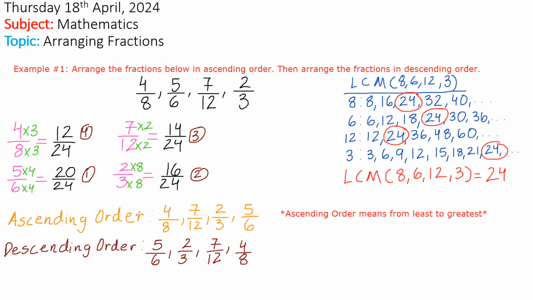In descending order, it's going to be 5/6, 2/3, 7/12, and 4/8. And so descending order means from greatest to least.